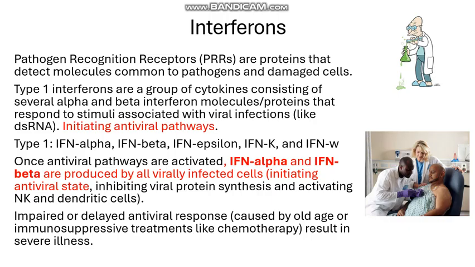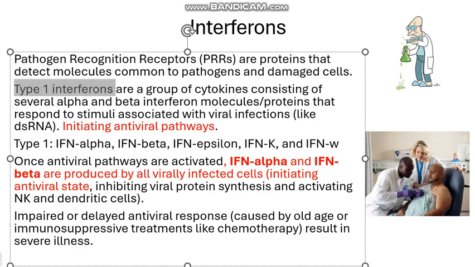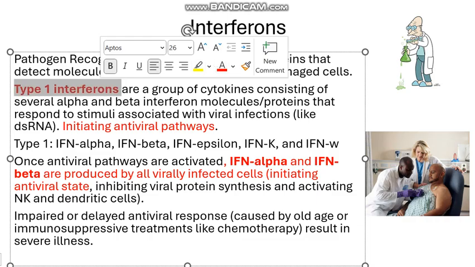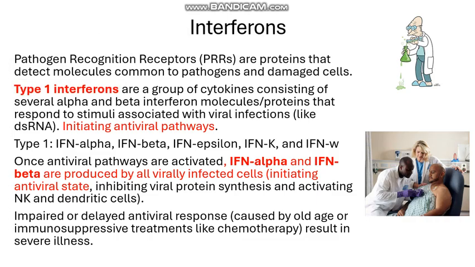So with regards to interferons, type 1 interferons are a group of cytokines consisting of several alpha and beta interferon molecules or proteins that respond to a stimulus associated with a viral infection.